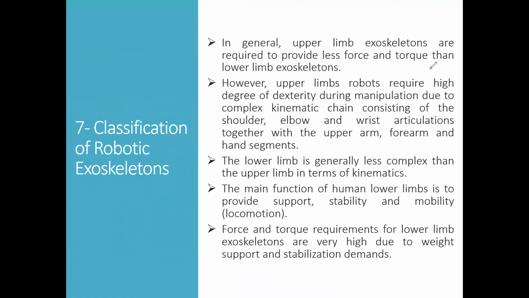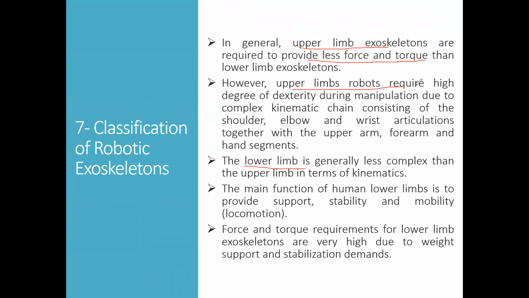As I was telling you, based on the application, there could be upper limb exoskeletons and lower limb exoskeletons. Upper limb exoskeletons require less force and torque than lower limb exoskeletons, of course.